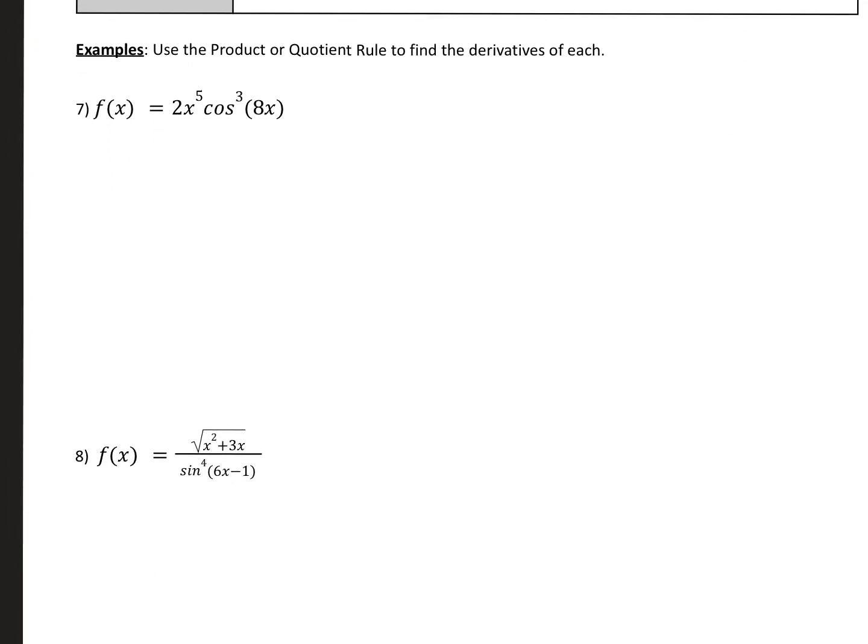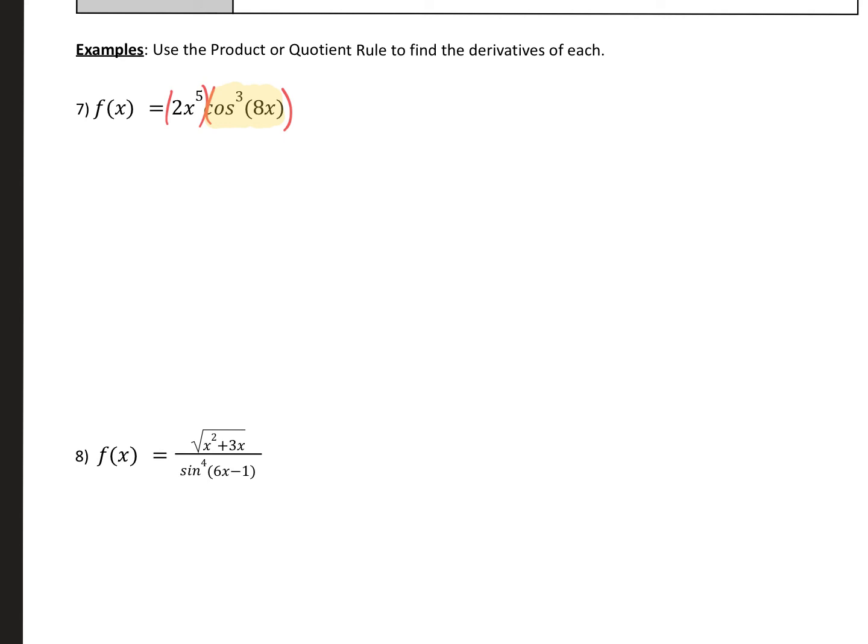So in example number 7, it's clear that we're multiplying 2x to the 5th times cosine to the 3rd of 8x. So we have that cosine cubed here. So before we take the derivative, it would probably be helpful if we rewrote this.